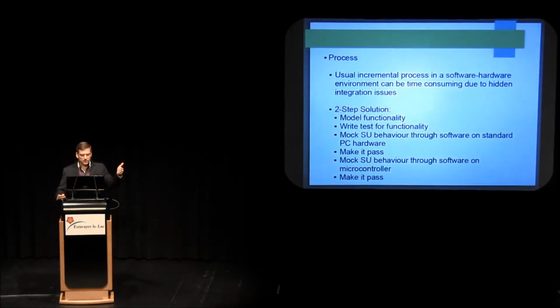But basically, you model the functionality, then you write the test for the functionality, or what are your expectations for that functionality to work. Mock the science unit behavior in software. So you write a small test and a small functionality in software. Run it, make it pass.